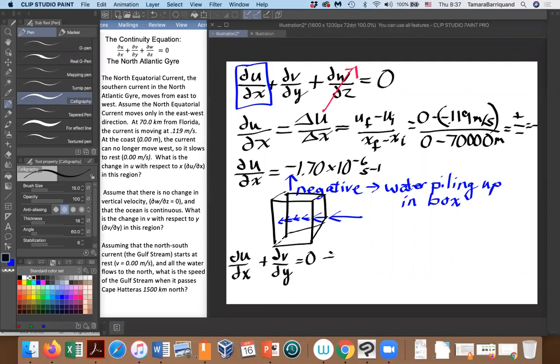And so dv dy, if I just subtract du dx from both sides of the equation, equals negative du dx. So since du dx is negative 1.7 times 10 to the minus 6, we end up with a positive 1.7 times 10 to the minus 6th per second.